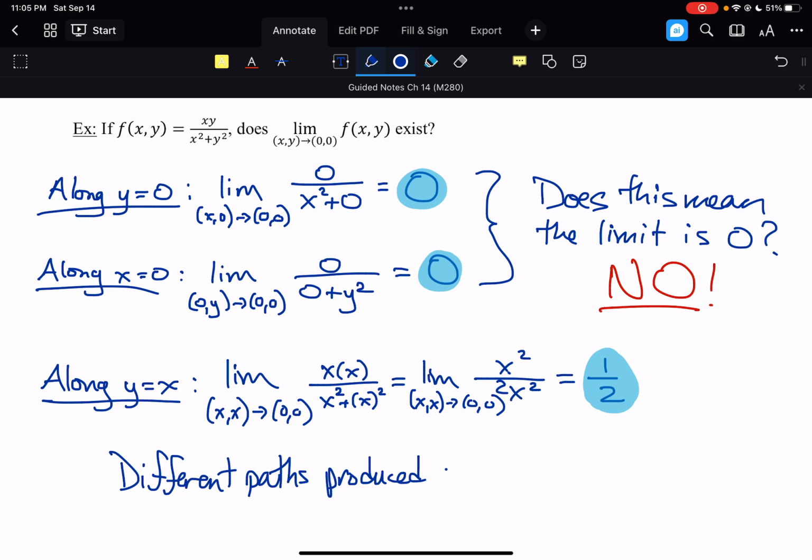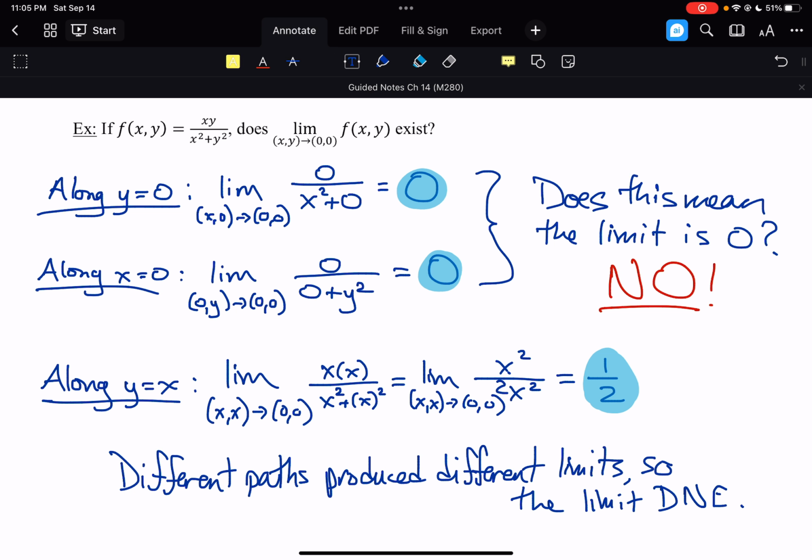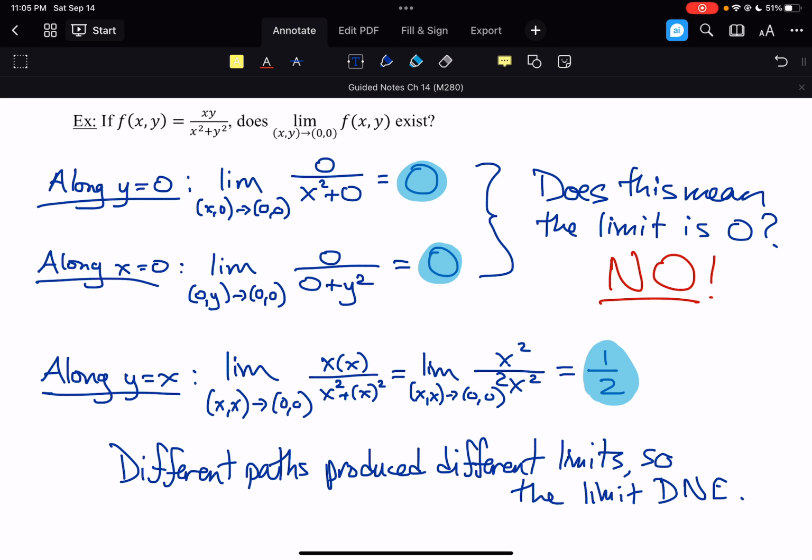Different paths produce different limits, so the limit does not exist.